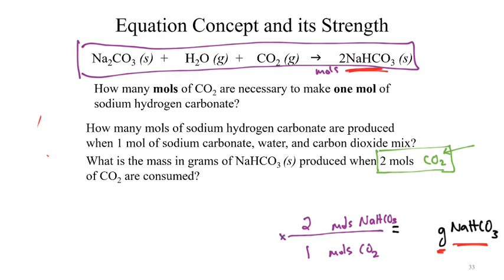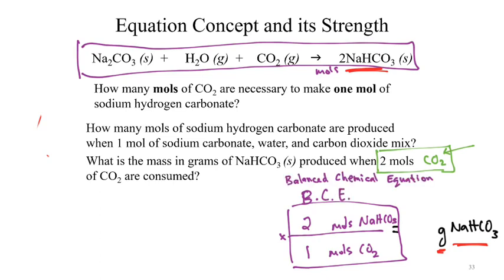We could then recognize from that given piece of information, because this came from our chemical equation, in fact, our balanced chemical equation. So we've got that balanced chemical equation conversion in there. And now where do we want to go? Okay, well, I still don't know what's going on with the grams of sodium hydrogen carbonate. So I'm going to just leave that alone for the moment.